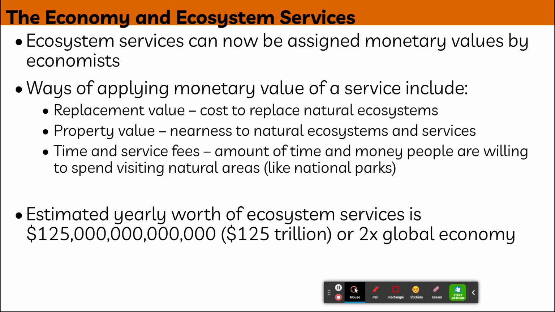Ecosystem services can now be assigned a monetary value, and that is going to be dependent on what is the current value of that product or how valuable it could be in the future. Ways of applying monetary value to a service include the replacement value, which is the cost to replace natural ecosystems, the property value, which is the nearness to natural ecosystems and services, and the time and service fees, which is the amount of time and money people are willing to spend visiting natural areas like national parks.